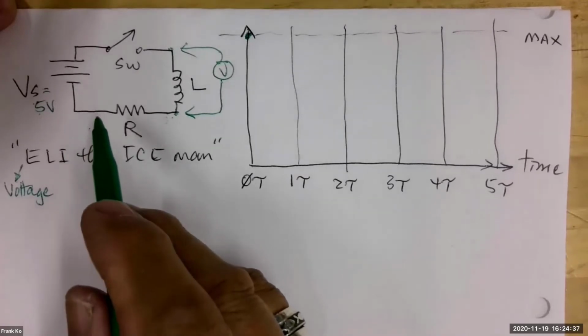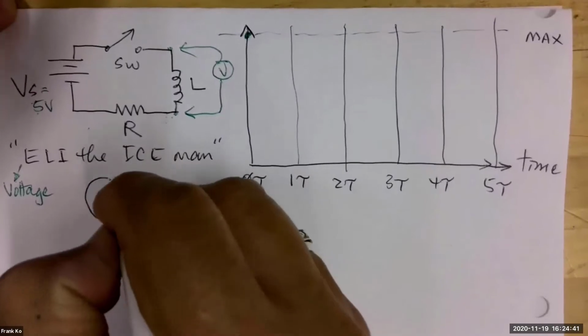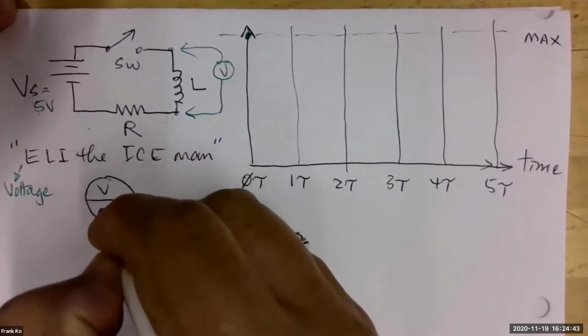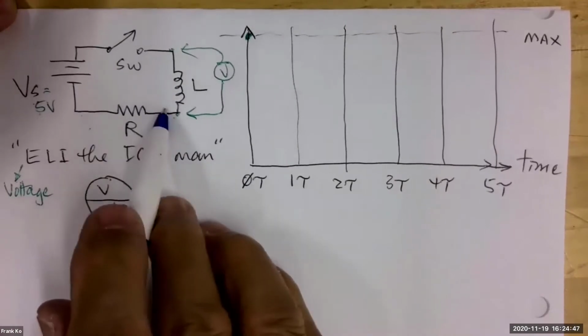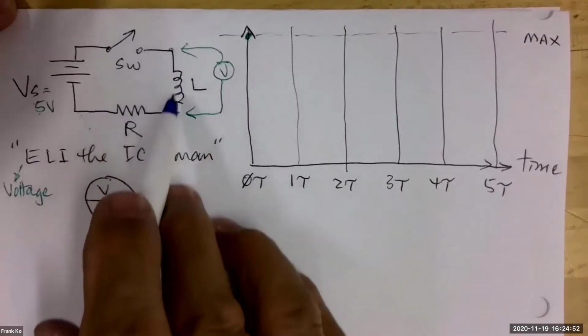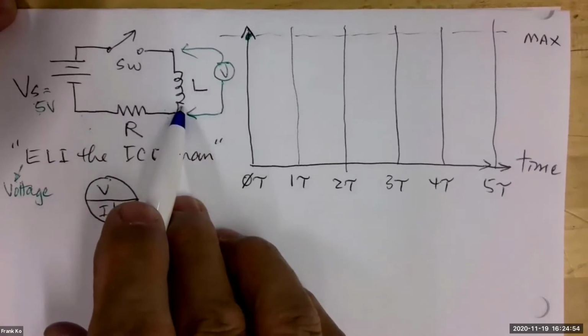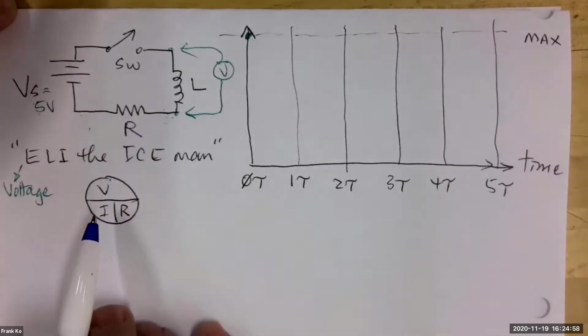Now think about this, Ohm's law now. Think about Ohm's law. You have V, I, R. If the voltage across the resistor is none, because all 5 volts is across here at the moment the switch closes, if this is a 0, how much current are you going to calculate?